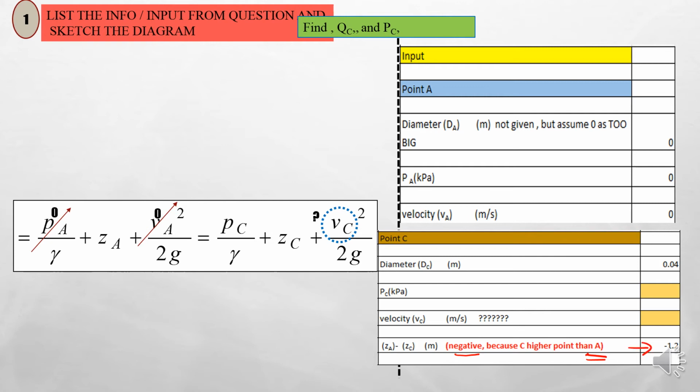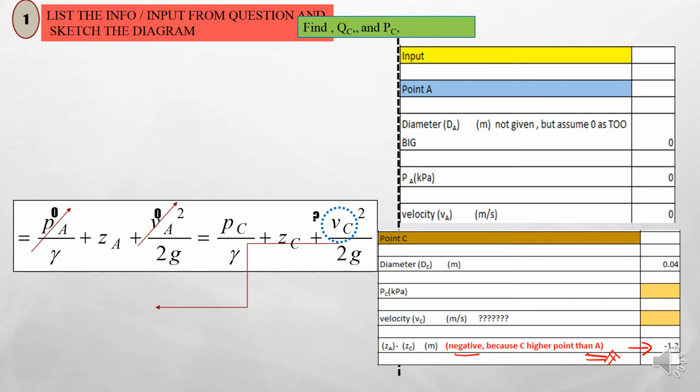So that's why the value here is negative. If you want to refer again, you have to go to the diagram which I showed in the earlier part. You can have a look at the location between point C and point A. Again, because point C is higher than point A, the value is negative.